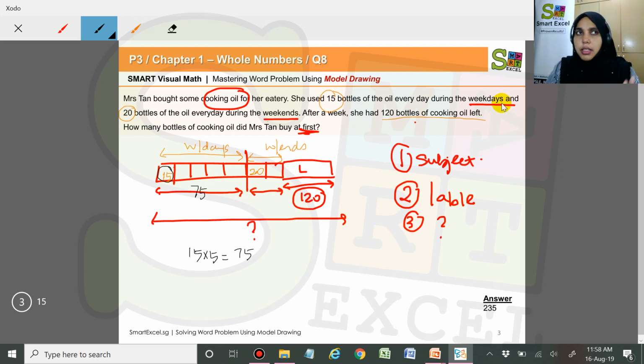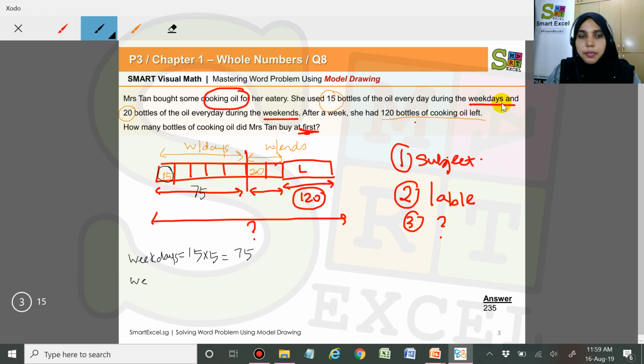If your child is one who easily gets lost in between, I would recommend labelling the front. Even my P6 students sometimes miss out, and along the way they are unsure of how to go through. So this is one of the ways you get them to label, so their mind is very focused on what they need to find. The next is the weekends.